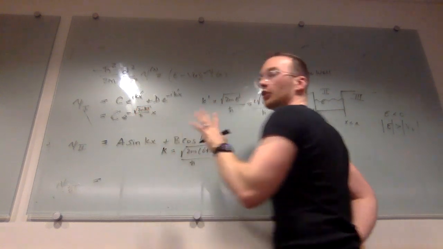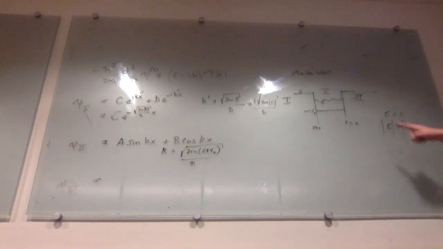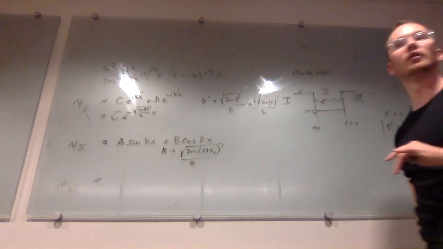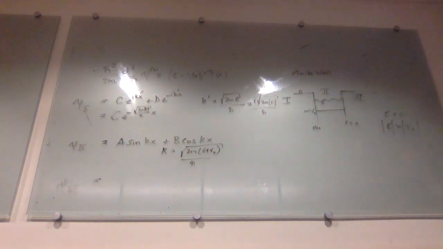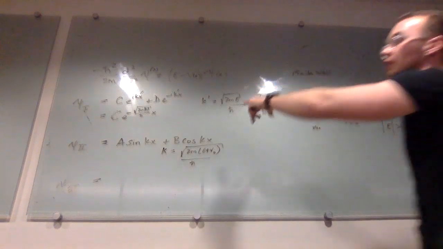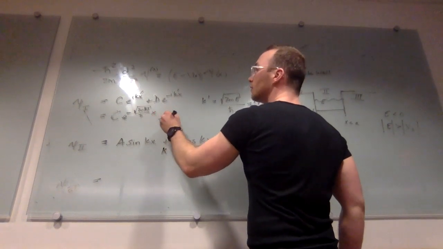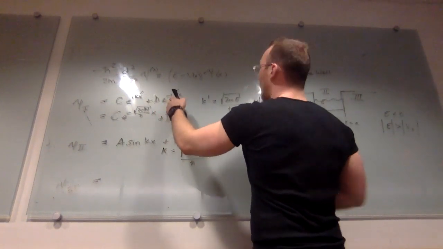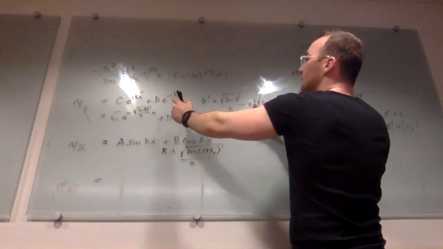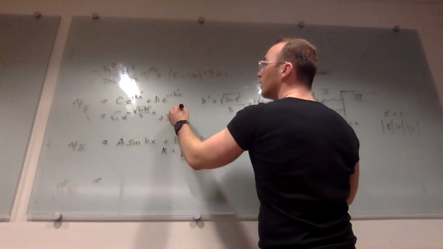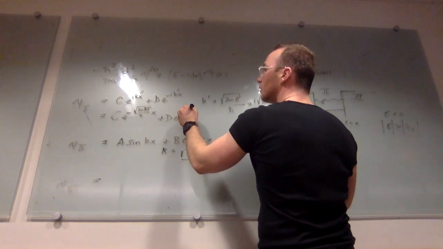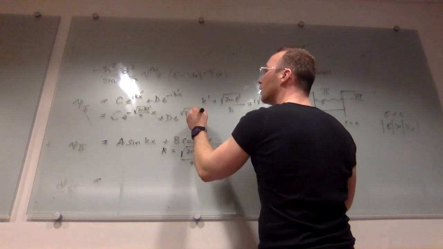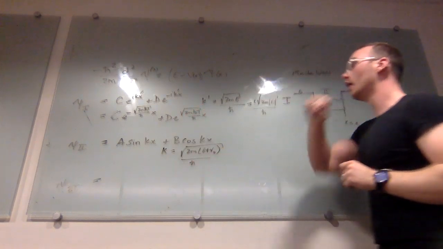I'm realizing now, I'm not going to change conventions now, but I probably should have called this minus E. It would just make everything easier. But whatever, we'll just use absolute value of E for this. Plus D e to the, and now the i is going to also do this, but of course minus i times i is plus 1. So I'm going to get e to the plus radical 2m absolute value of E over h bar x. Okay?